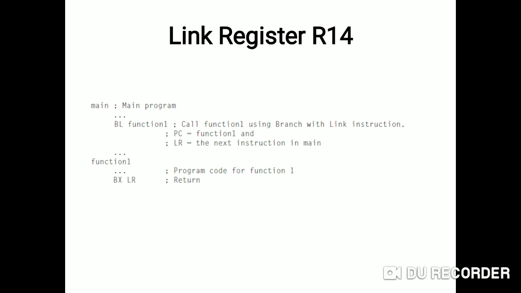In the main program, BL function will place a call to the function using the branch with link instruction. Here the program counter will be equal to function and LR will be equal to the next instruction in main. So when function 1 is called, the program code for function 1 will be executed, and then with BX LR the program execution will return to the main program.